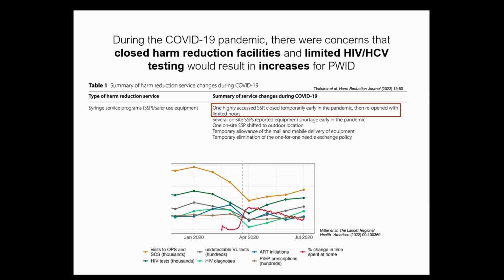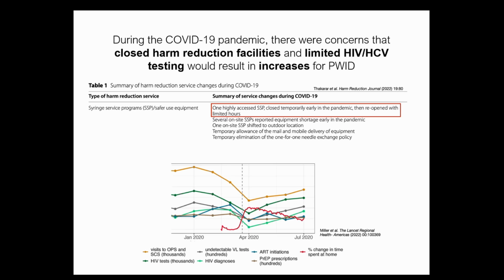Harm reduction facilities, where people might get treatment for opioid use disorder that would reduce their injecting behavior, and places where people could get safe syringes were often closed, unavailable, or had very limited hours. There was also concern because a lot of HIV and hepatitis C testing was not being done, since everyone was working on the pandemic.